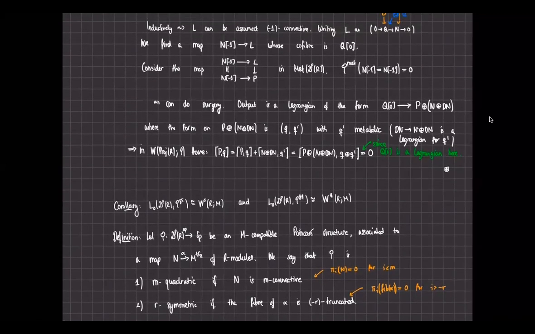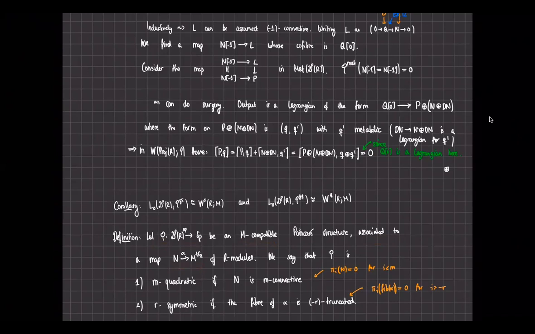Okay, so I will take a couple more minutes to go through a slight generalization of this situation. So let me make a definition for this. Essentially, we want to gather what are the properties that we've really used. And so what we want to consider are Poincare structures Q, which are M-compatible and associated to a map, say N mapping to N to the Tate C2 of R modules, as we've described yesterday, right?